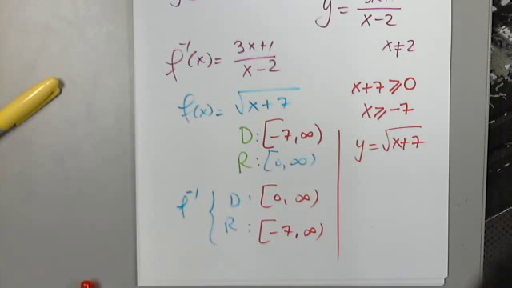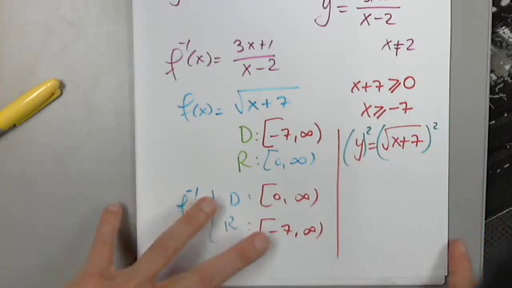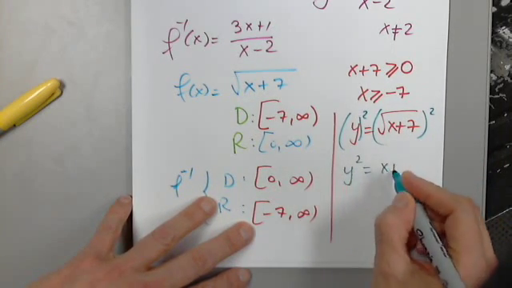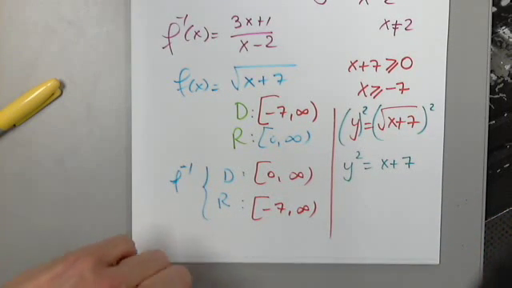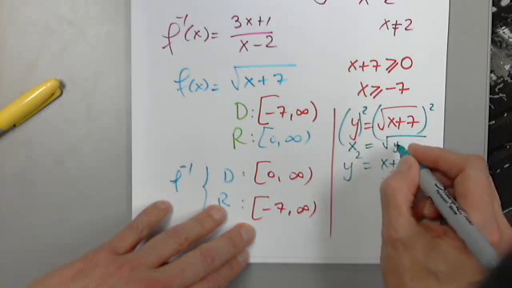How do I solve a radical equation? What do I have to do? You square. Exactly. I square this side and I square this side. So this is y squared equals x plus 7. I'm sorry, I omitted the intermediate step. Forgive me. So first I have to write that x equals the square root of y plus 7.